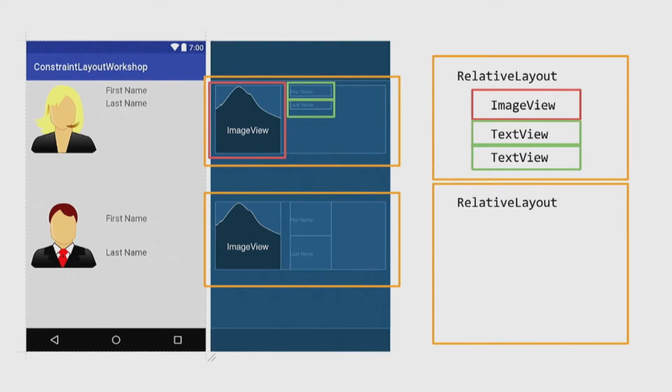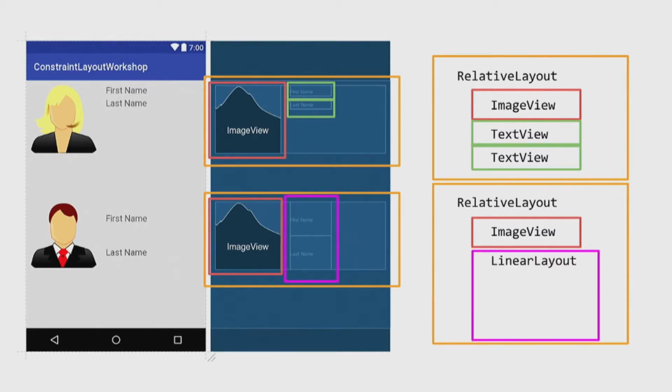To do that, of course, I start, let's say, with relative layout. I put the image there. But to achieve this with relative layout, sadly, I cannot do that. I need to use a container to put my text views inside. And then in this container, we have this layout nesting thing, which is, in this case, not a big problem, but in more complicated scenarios, it's going to be a performance hit for our application.